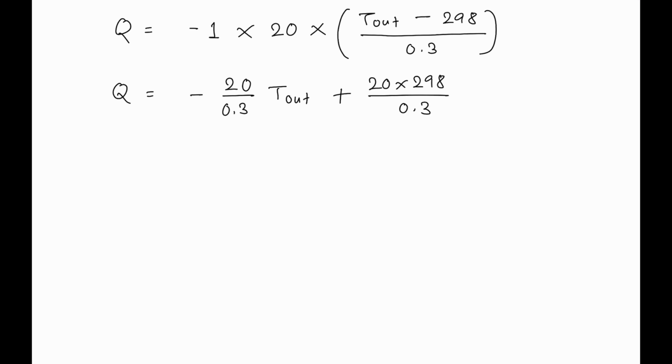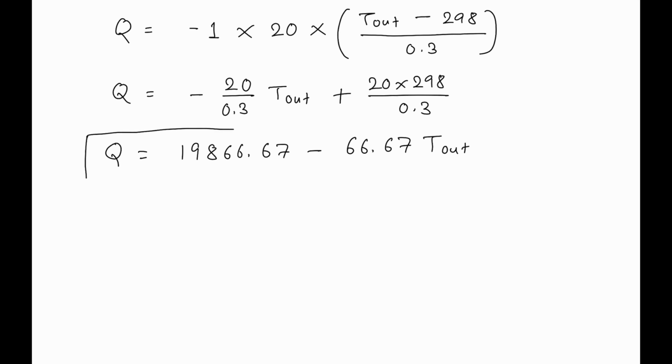If we simplify these terms, we get Q equal to 19,866.67 minus 66.67 times T out.